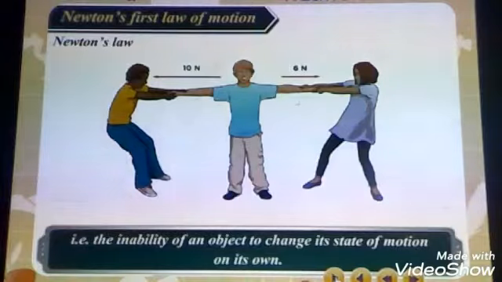Inertia is the inherent property of an object by which it tends to remain in its state of rest, state of motion or in the state of same direction. मतलब ये इनर्शिया एक ऐसी प्रॉपर्टी है ऑब्जेक्ट की जिसमें हर ऑब्जेक्ट अपने आप में एक काबिलियत रखता है कि या तो वो अपनी स्टेट ऑफ मोशन को कंटिन्यू करे, या तो वो अपनी स्टेट ऑफ रेस्ट को कंटिन्यू करे, या फिर वो अपनी स्टेट ऑफ मोशन डायरेक्शन को कंटिन्यू करे और इस तरह से वो अपने आप को मेंटेन करता है। ये प्रॉपर्टी इनर्शिया कहलाती है। ये इनर्शिया की प्रॉपर्टी बहुत इंपॉर्टेंट है क्योंकि न्यूटन का फर्स्ट लॉ इसी प्रॉपर्टी पे डिपेंड करता है.